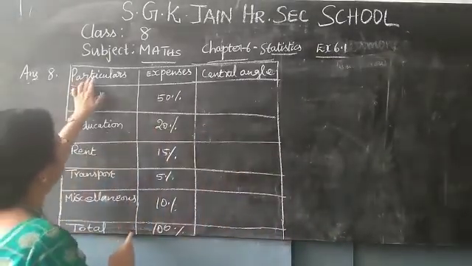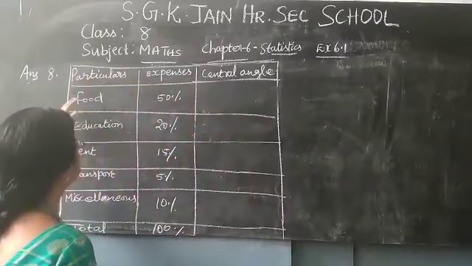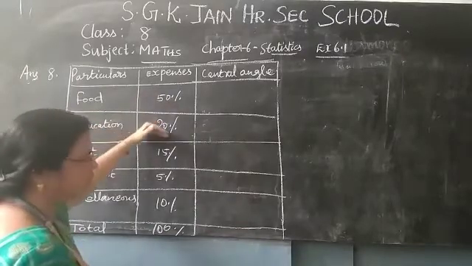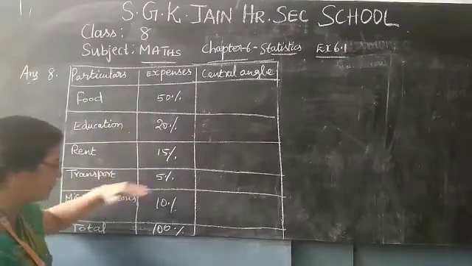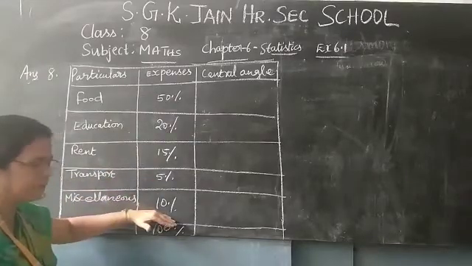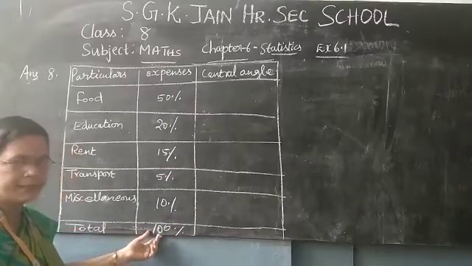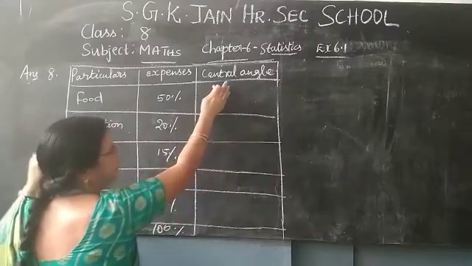See here, particulars, expenses and central angle we are going to find out. For particulars: food 50%, education 20%, rent 15%, transport 5%, miscellaneous 10%. Then you are going to find out the total first. How much are you getting here? 100%, isn't it? Now, how are we going to find out the central angle?